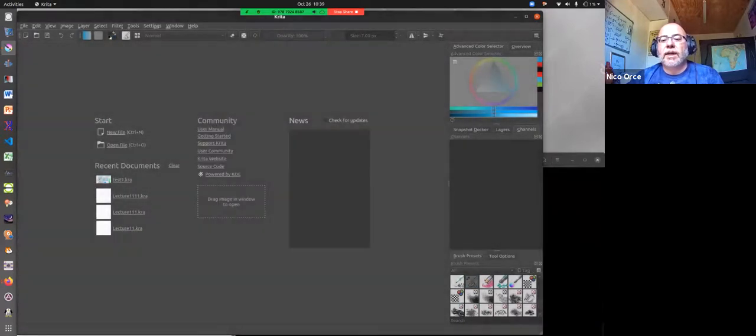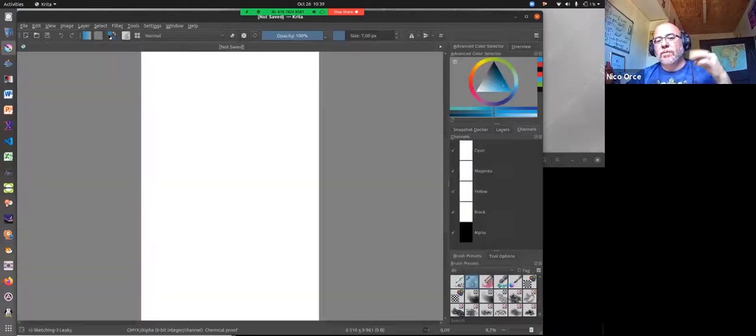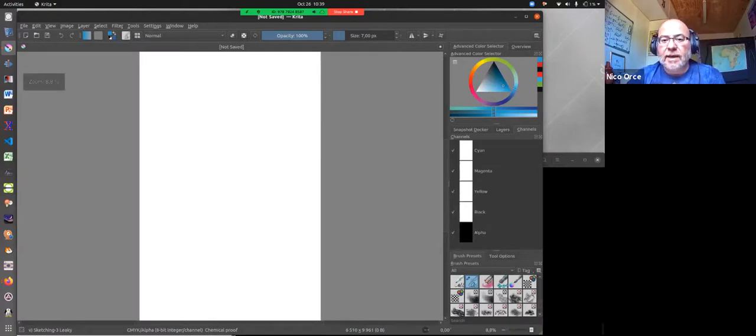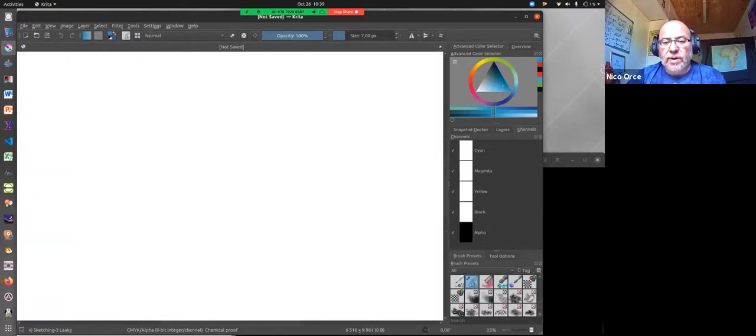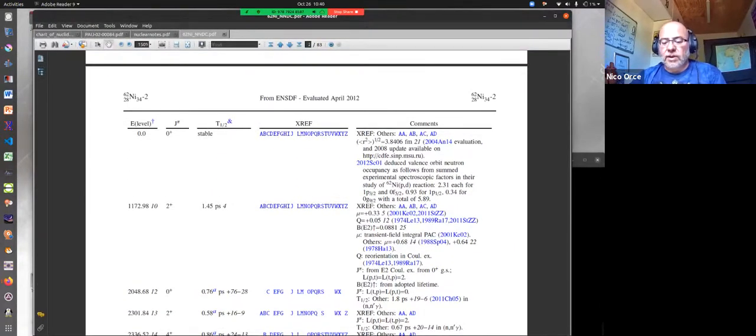That's the last bit for today. I want you to be able to see how a nucleus, which probably is vibrating, looks like in real life. So this is nickel 62. We just make our level scheme.